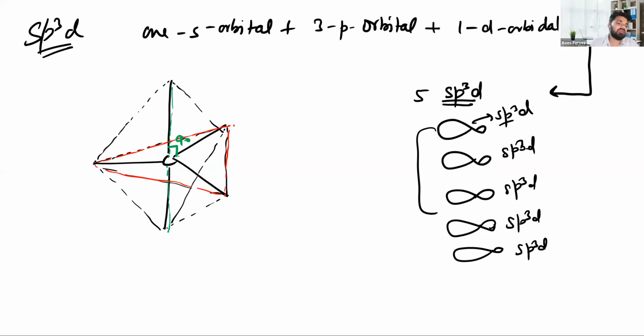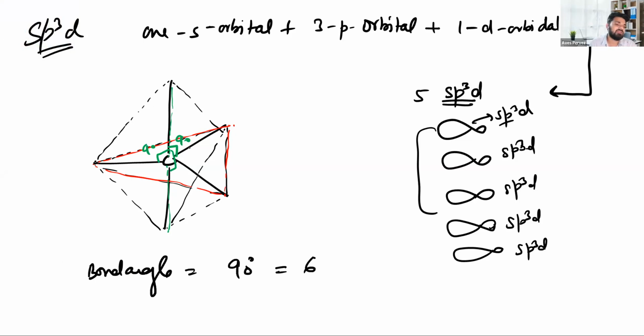So if I show you here, there will be 90°, and then again this will also be 90°, and this will also be 90°. So the number of 90° bond angles will be 6.